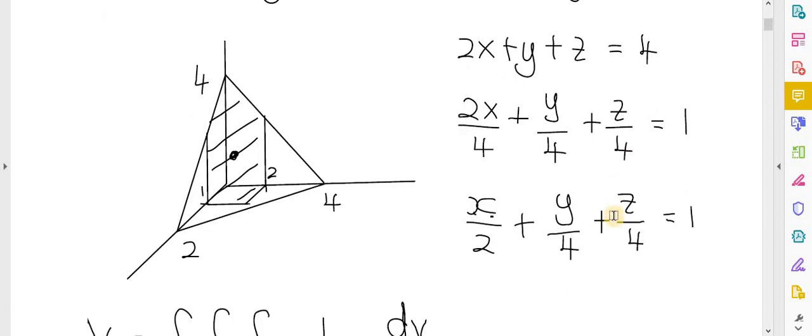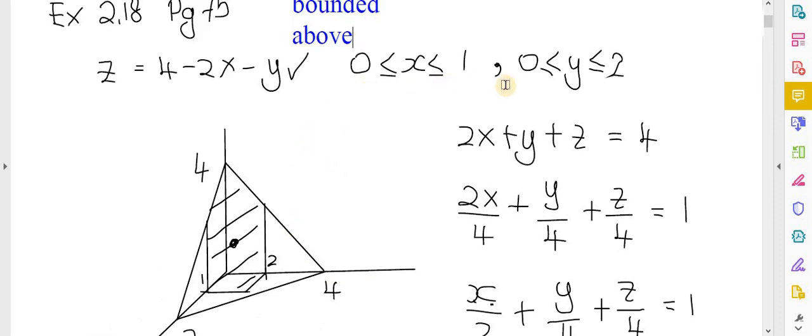Simplify this one. The intersection points on axis x, y, z will be 2, 4, 4 respectively. So this is axis x, this is axis y, and this is axis z. This is how you draw the plane.